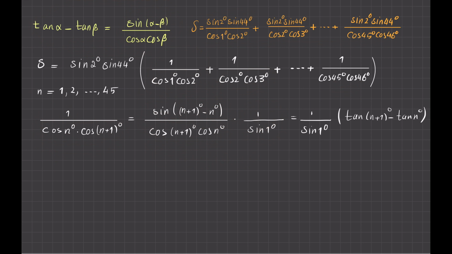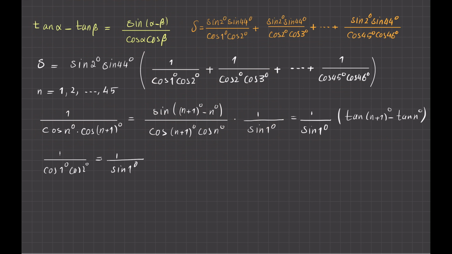So what I have shown so far is that any fraction of this type can be written in this form. But what is the benefit of that? Because now I can do this case by case. For example, 1 over cosine 1 degree, cosine 2 degrees can be written as 1 over sine 1 degree.